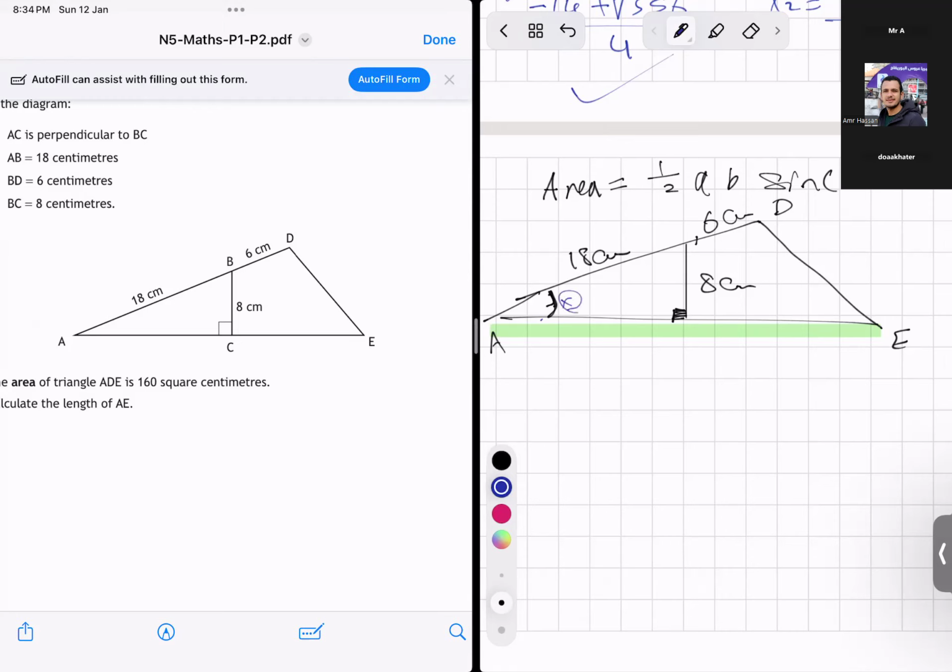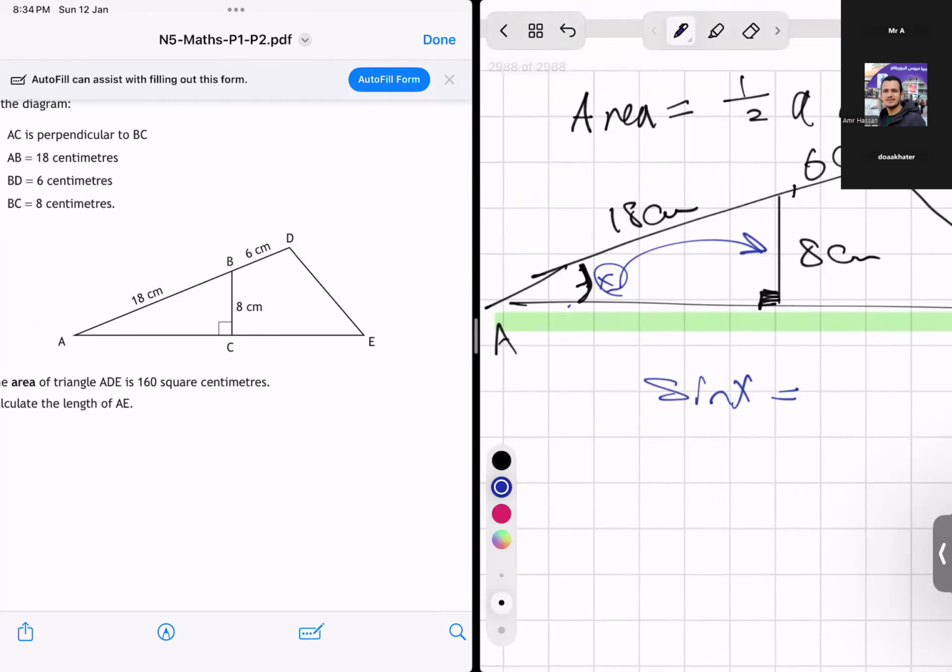If I assume this part is x, for example, what is sine x? Could you tell me what is sine x? It's going to be opposite over hypotenuse, right? You have the opposite, you have the hypotenuse as well. So it's going to be 8 over 18.